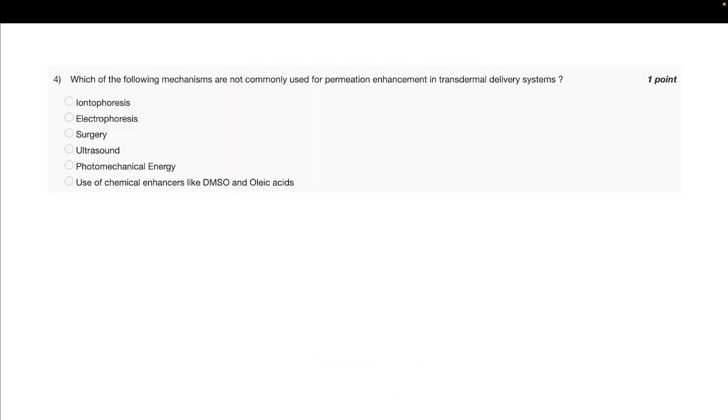Next is, which of the following mechanisms are not commonly used for permeation enhancement in transdermal delivery systems? Anyone? Surgery. Sorry? Surgery. Okay. Any other answer?